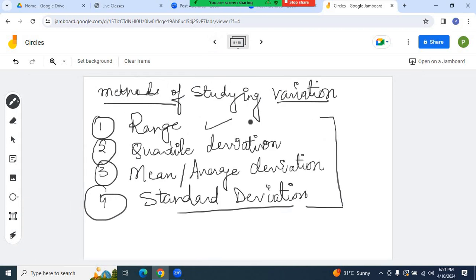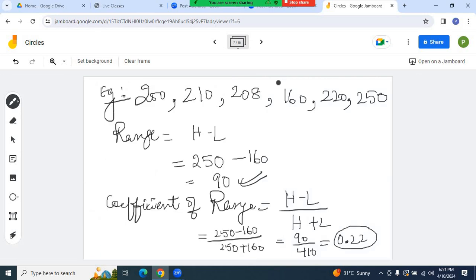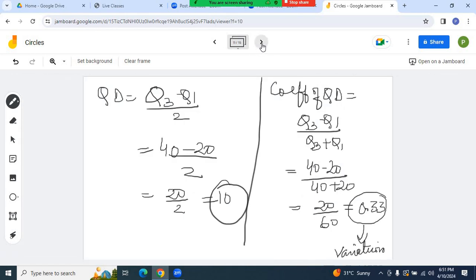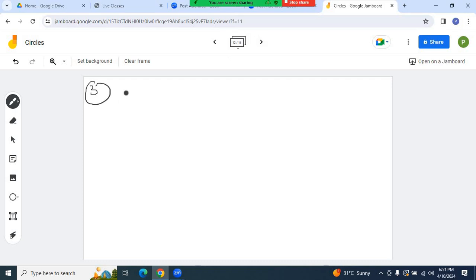Range done, quartile deviation done. So now we are going to start the third topic, mean deviation.